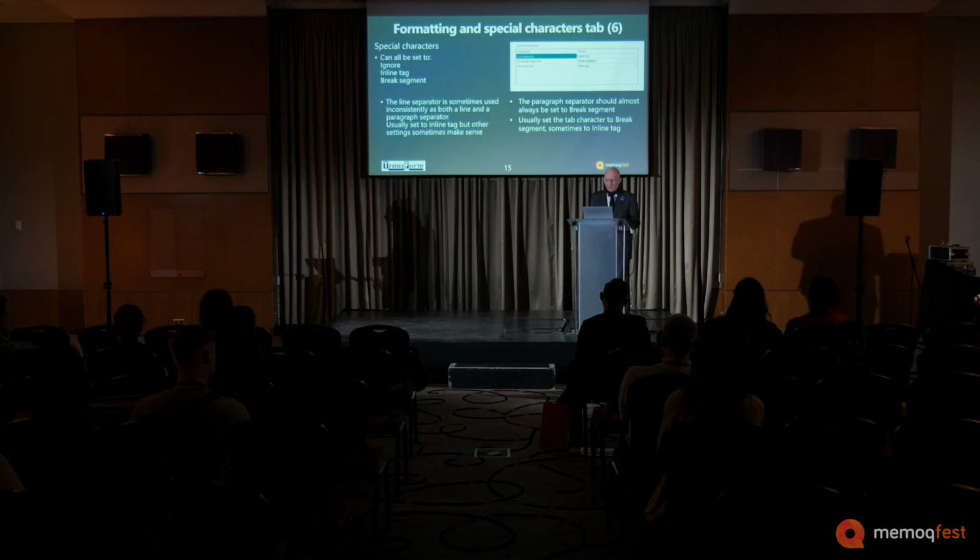Otherwise, you'll want to break the segment on a tab, because if you've got a lot of tables done using just tab stops, you don't want the whole line of the table coming in as a single segment.